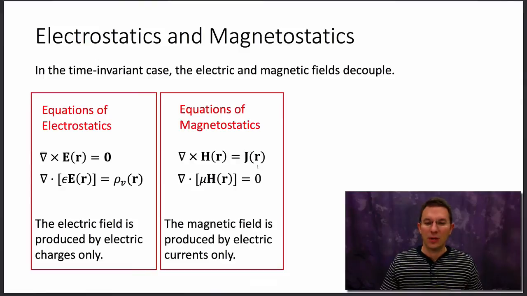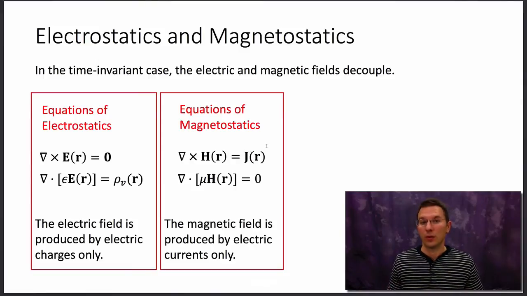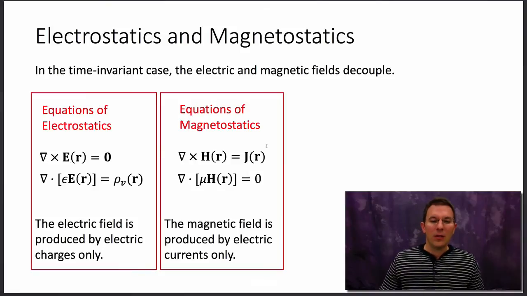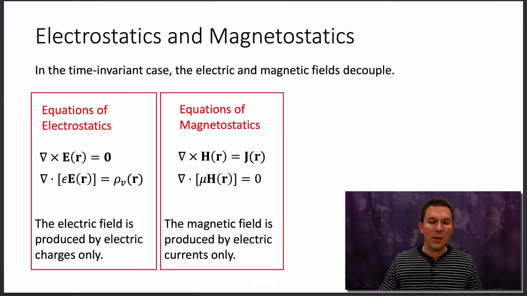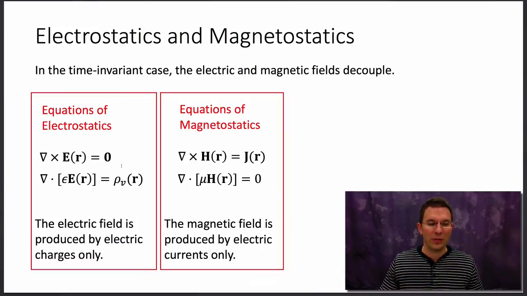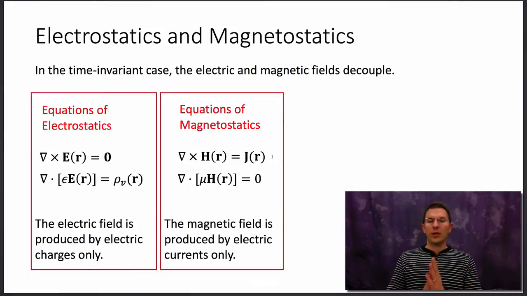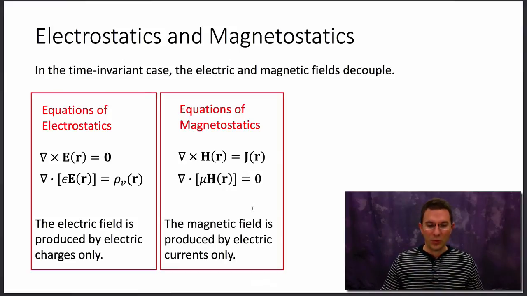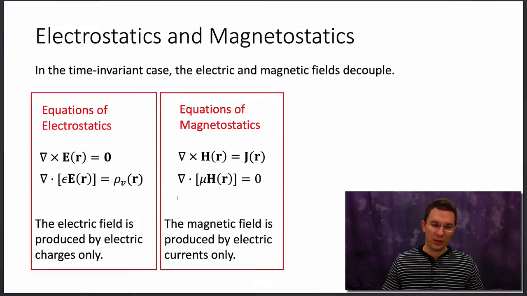Okay, steady state current, a DC current. This DC current generates this magnetic field. The magnetic field does not depend on the electric field. It doesn't depend on the charge distribution. It just depends on whatever impressed current may be there. Okay. The magnetic field is produced, we would say, by electric currents only. So when there's no time dependence, when we're talking about the time-invariant case, we can study the magnetic field in isolation from the electric field and vice versa.